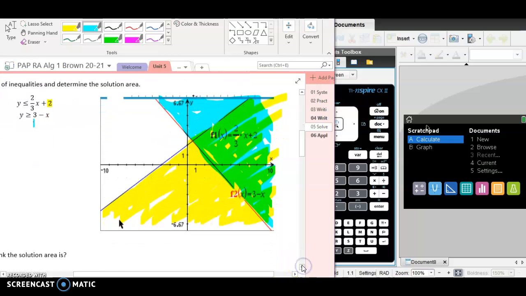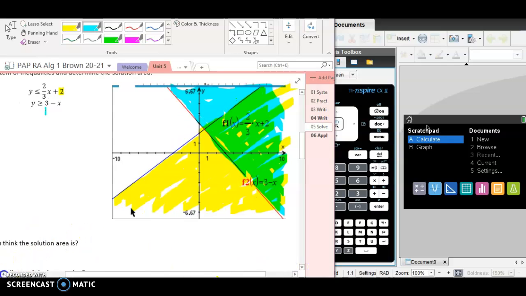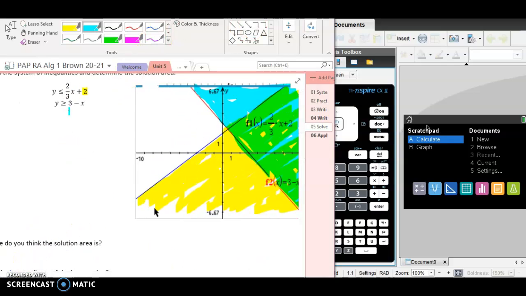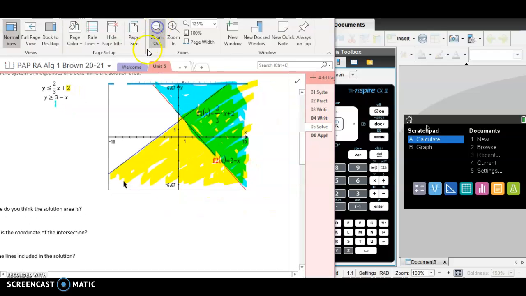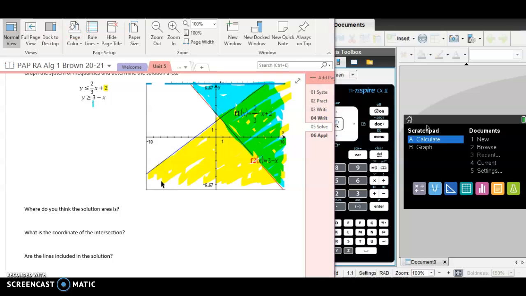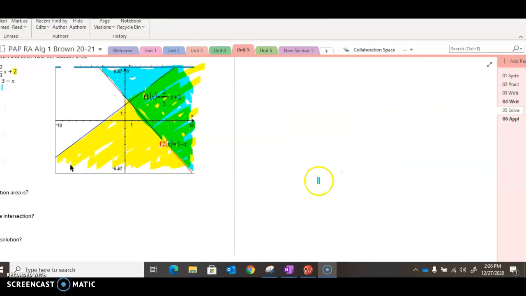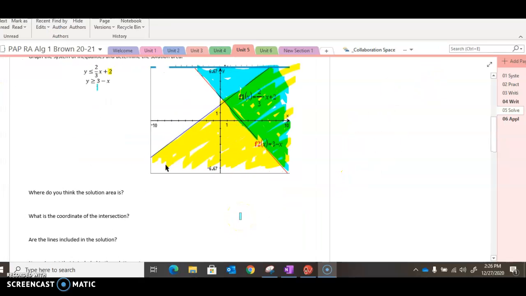Let's answer some questions. So our first question asks, where do you think the solution area is? All right.